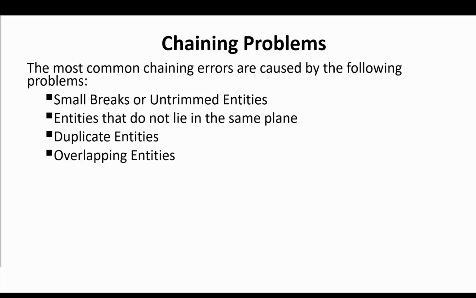Very small gaps between entities may not even be visible at zoom extents. Good drawing practices, including the use of the auto cursor and trim functions, will avoid most problems. But even the most careful person makes mistakes. Therefore, it is a good practice to check the integrity of wireframe chains before starting to create toolpaths.